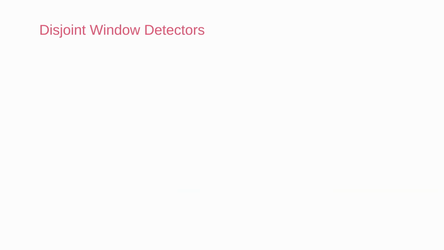So firstly, the disjoint window detectors. This is the strategy adopted by most existing detectors in Alibi Detect. And it is a bit of an offline detection approach where you consider big batches at a time, where you can apply it to the sequential drift detection problem in the way that we just considered.